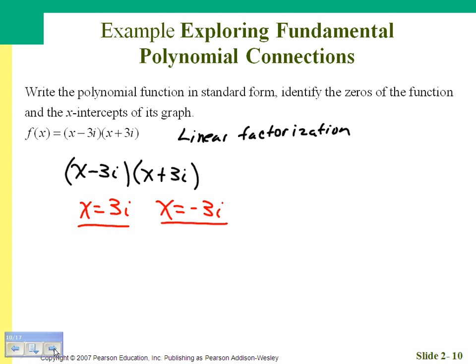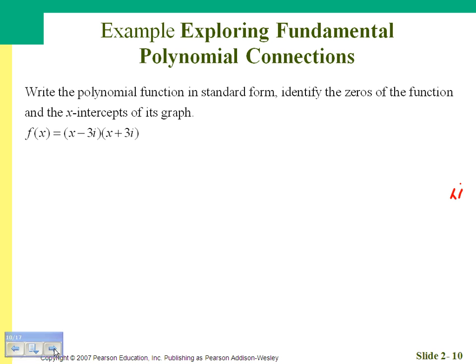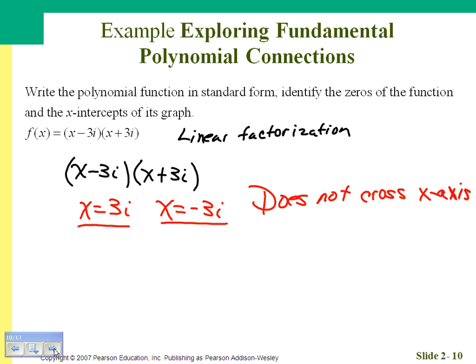However, since they are both imaginary, it does not cross the x-axis because they are imaginary solutions. I hope that reappears in a second. And the other thing we can deduce is that it's obviously a parabola, x squared, but it's going to be either all above or all below the x-axis.